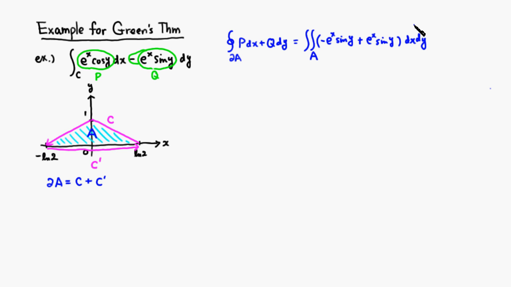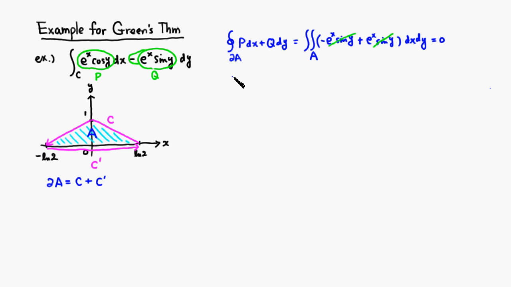But you can see there's a nice thing going on: these guys cancel out. So the double integral of 0 over the region is, of course, 0.